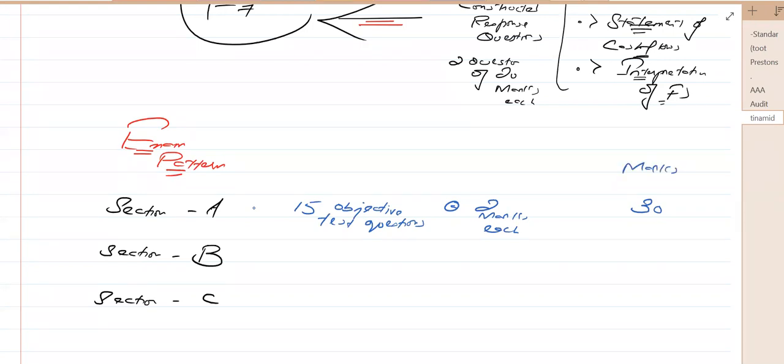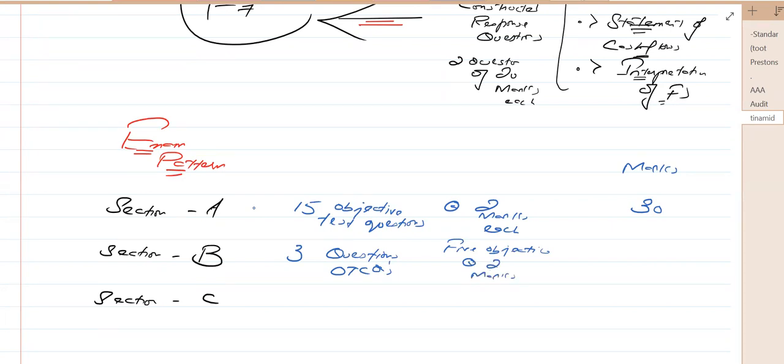Within the section B, you have 3 questions. You can say objective test case questions. And within that, there are 5 objective test questions in each of these 3 questions at the rate of 2 marks.